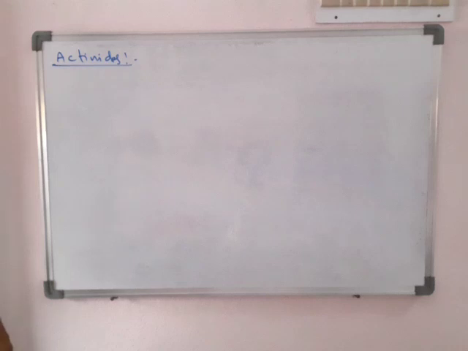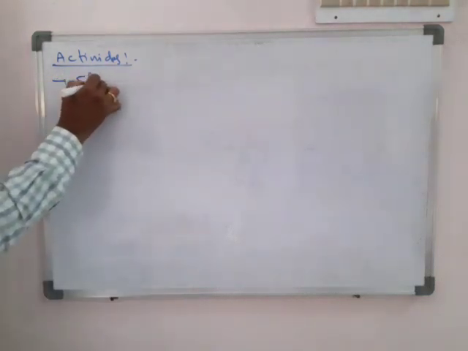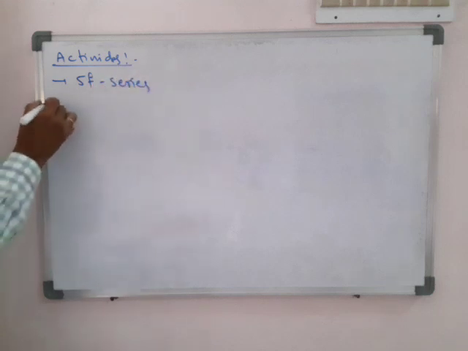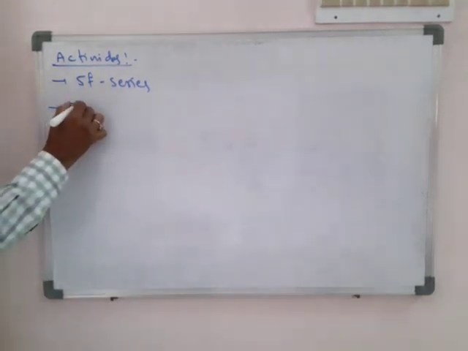So what are the elements? Actinides are nothing but the 5F series elements. So what are the 5F series elements? Now we see it starts from thorium.